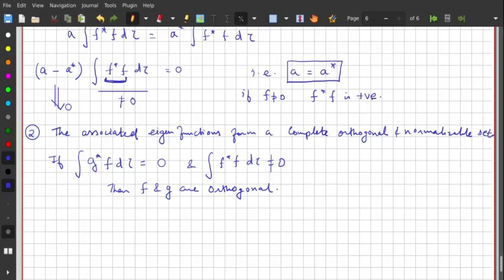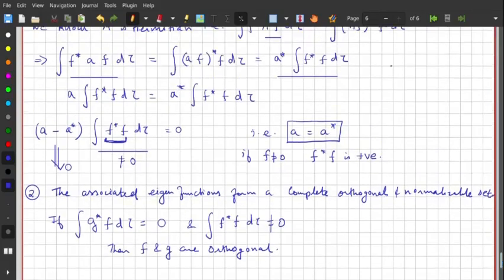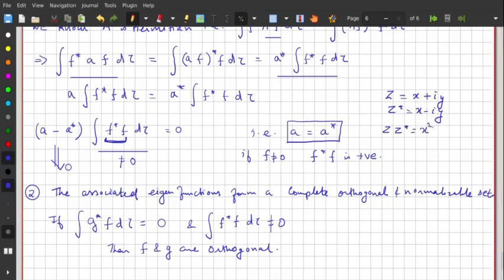You can think about it from complex analysis: let's say z is x plus iy and z star is x minus iy, then the product z star z is (x minus iy)(x plus iy), which just becomes x squared plus y squared. As you can see, this is a positive number. It's always positive. This is mod z squared basically.